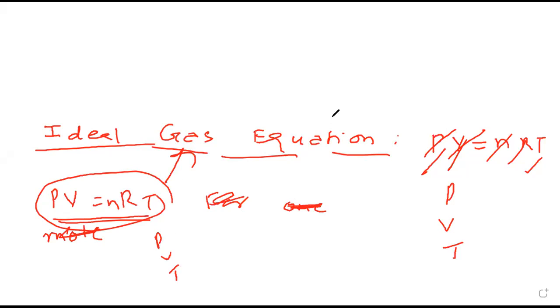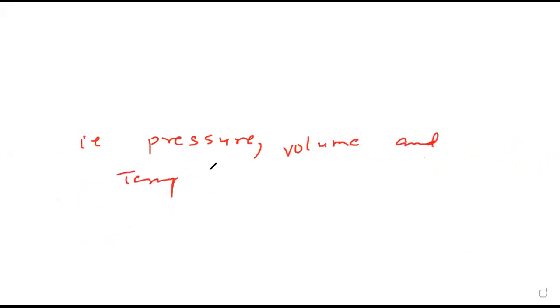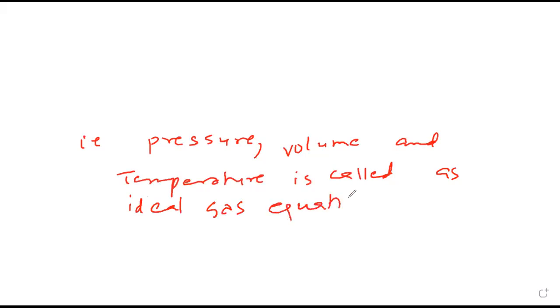The relation between three properties of gas, that is pressure, volume, and temperature, is called as ideal gas equation.